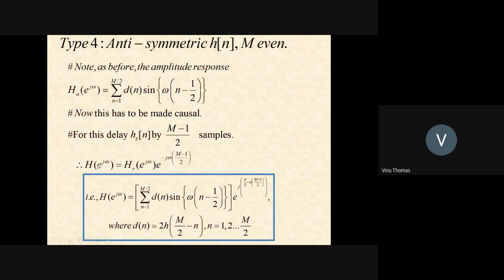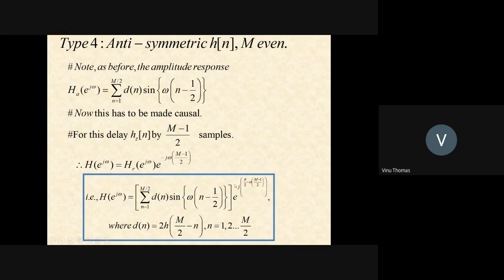So you can write H of e power j omega is equal to Hr of e power j omega into e raised to minus j omega m minus 1 by 2, and Hr of e power j omega is therefore sigma n equal to 1 to n by 2 d of n sin omega into n minus 1 by 2.